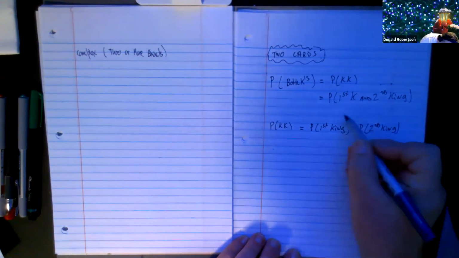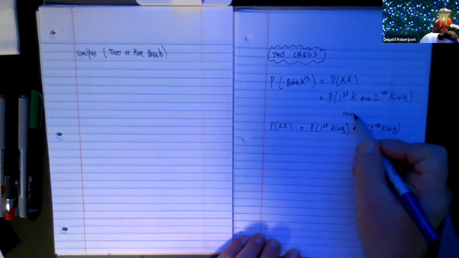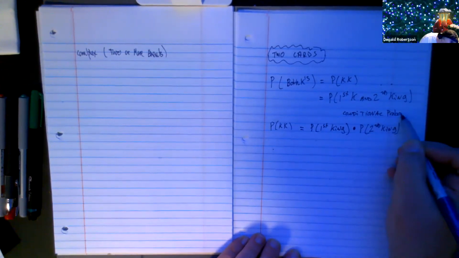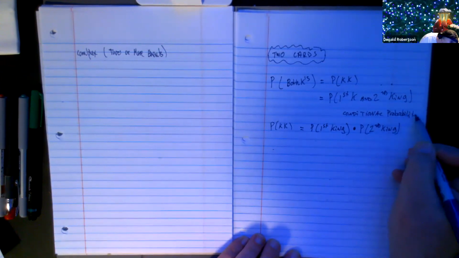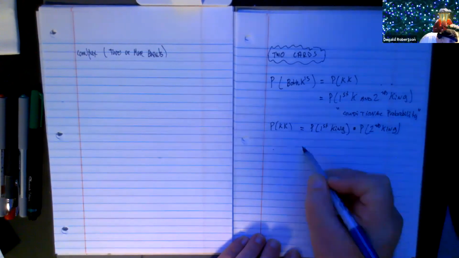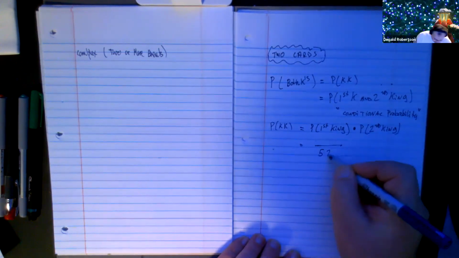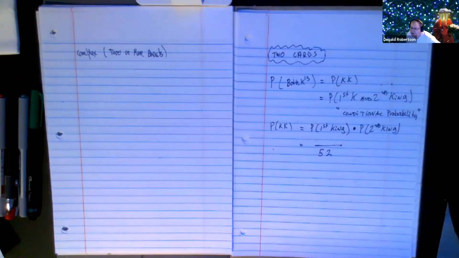But we are going to use an idea called conditional probabilities. In a normal 52 deck of cards, how many kings are there in it? 4.